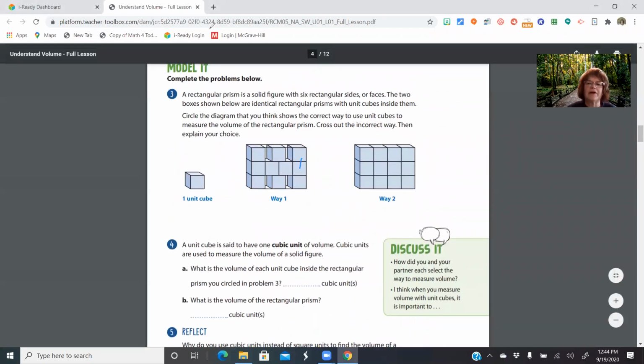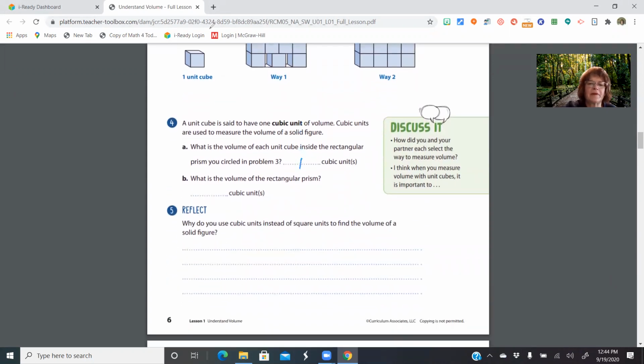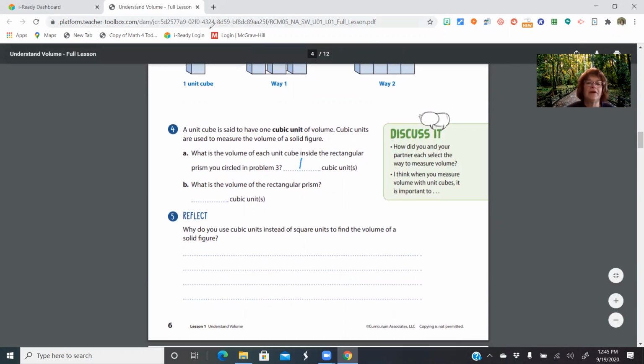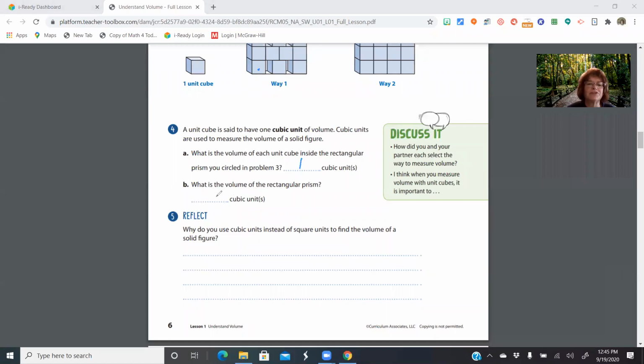All right, if we count, we have 1, 2, 3, 4, 5, 6, 7, 8, 9, 10, 11, 12. So my answer for letter B, let me go back to my pen. What is the volume of the rectangular prism? 12 cubic units, because it takes 12 of these unit cubes to make this rectangular prism or solid figure. Now, reflect.